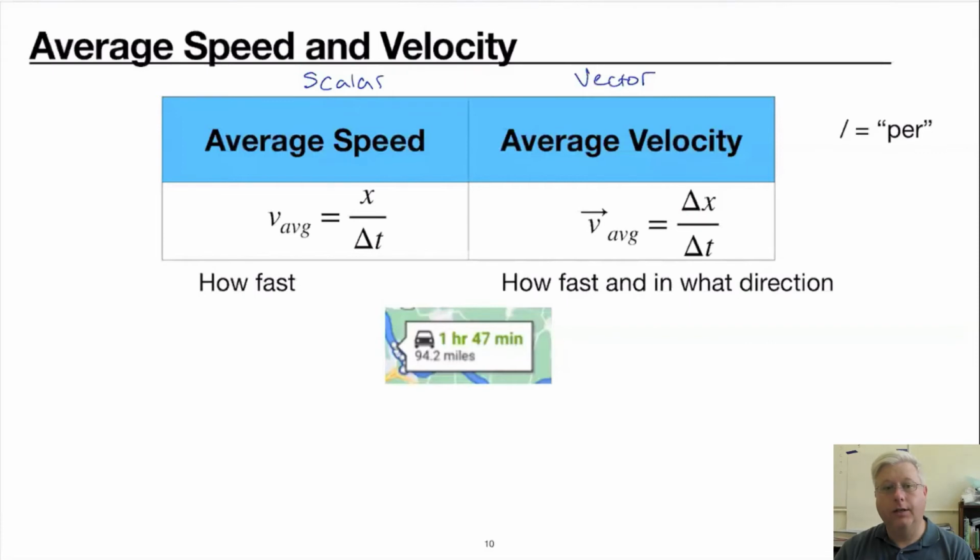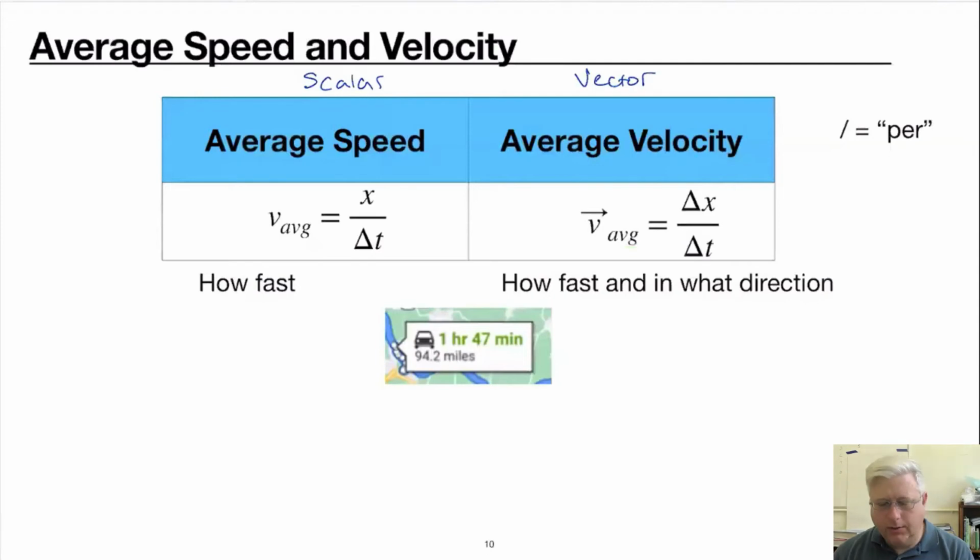Velocity does have a direction. So if we want to say what's the average speed, and unfortunately for speed and velocity, we tend to use the lowercase v for both, which is a little unfortunate, but for the most part, we'll talk about velocity in this course, and so the v makes some sense. And then I have a subscript here, avg, for average.